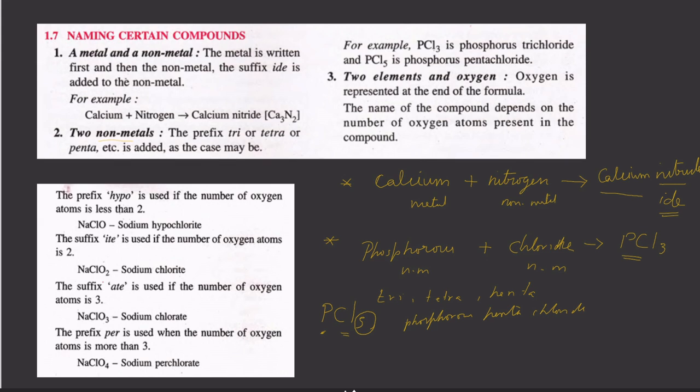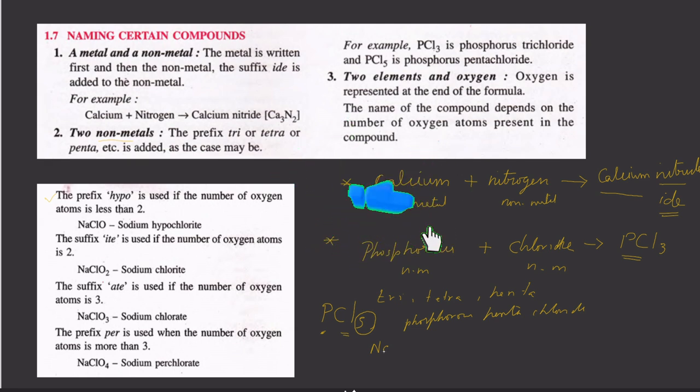When the number of oxygen atoms is less than 2, for example NaClO, sodium hypochlorite, we use the prefix hypo. The number of oxygen is less than 2, so we write its name as sodium hypochlorite, hypo, HYPO.